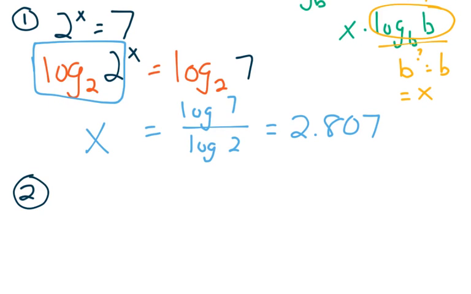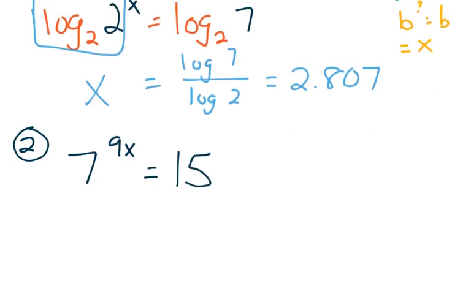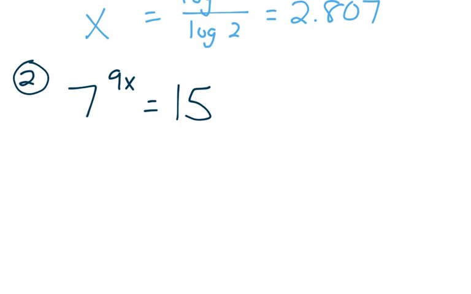Number 2. Let's go with 7 to the 9x power is equal to 15. All right, so what we want to do first is bring this 9x so it's no longer an exponent, so we can bring it out front. The way we're going to do that is we need to get rid of this base, and we'll do that by taking the log base 7, since in this case the base is 7, of both sides.